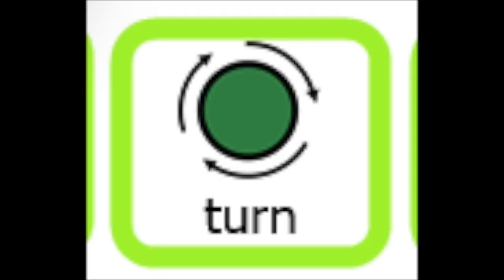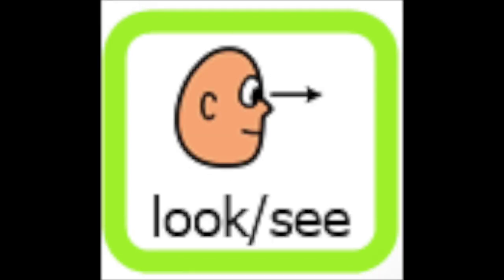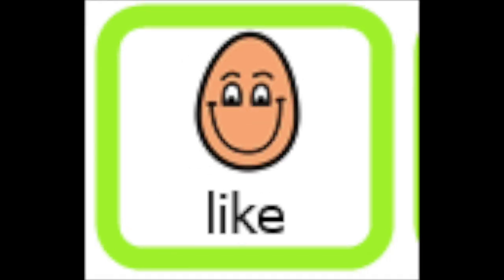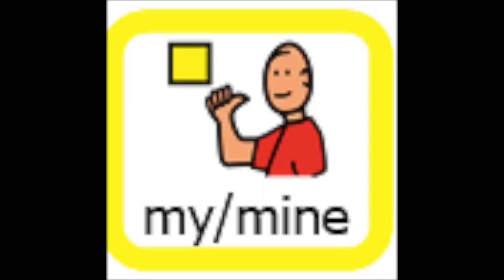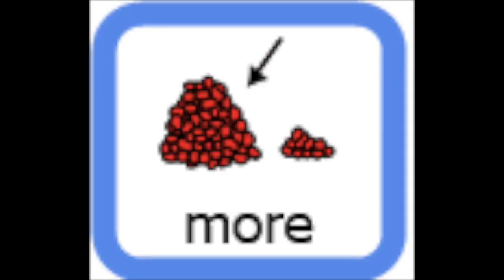In fact, you can model different words every time you engage in an activity. For example, during book reading, during one reading, you can model the words turn, look, like, I, etc. And on another reading of the same book, you could model the words my, you, more, again, yes, etc. Both readings are equally important.